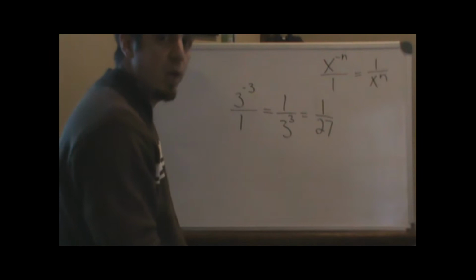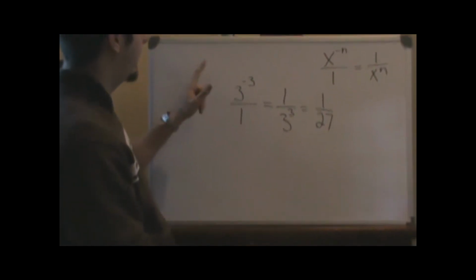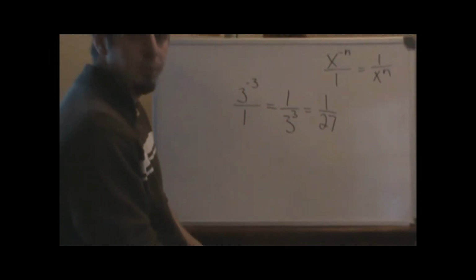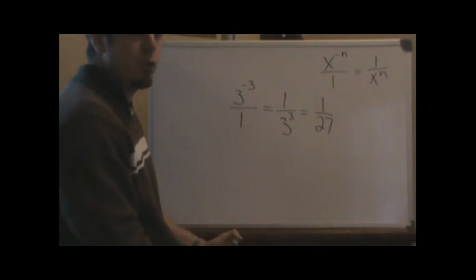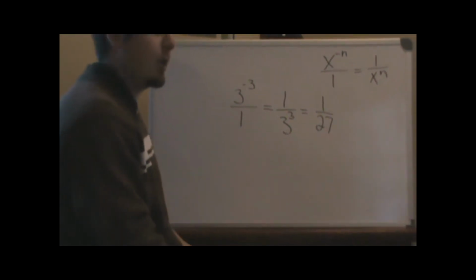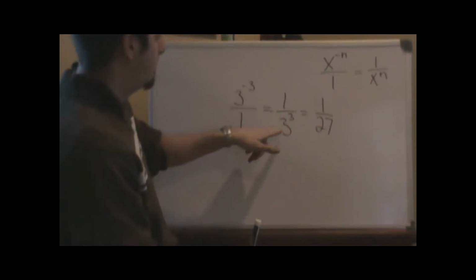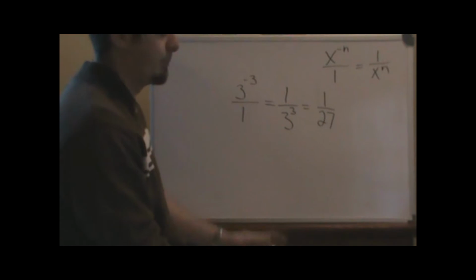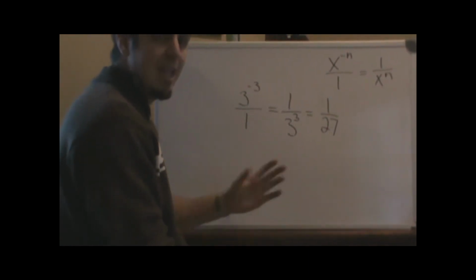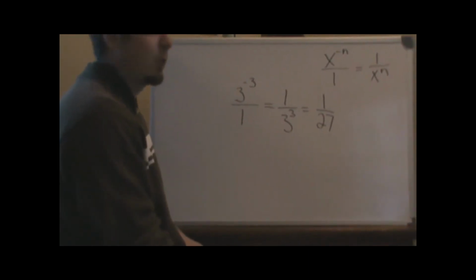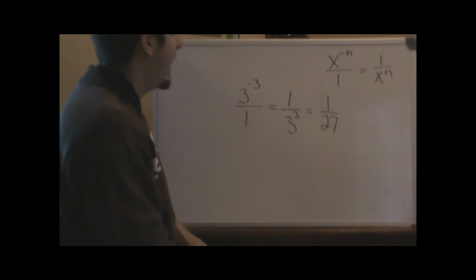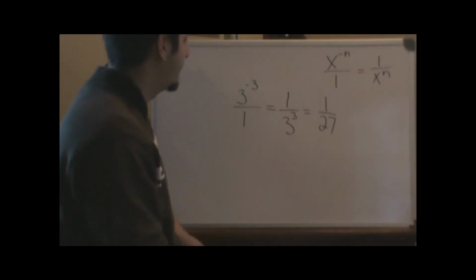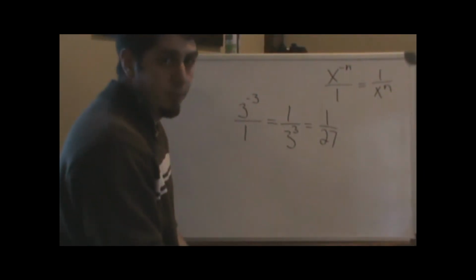So if you have a question and it asks you to take 3 to the negative third power, or any number to the negative third power, and they want you to make it a positive exponent, move it to the other side of the fraction, which in this case is the bottom. If you want to take a negative exponent and make it positive, you move it to the other side of the fraction.